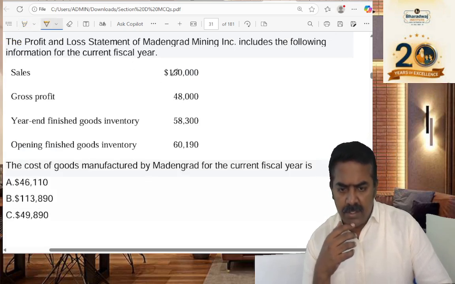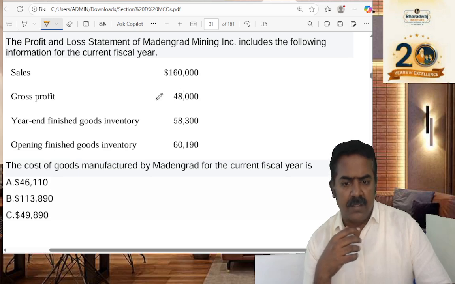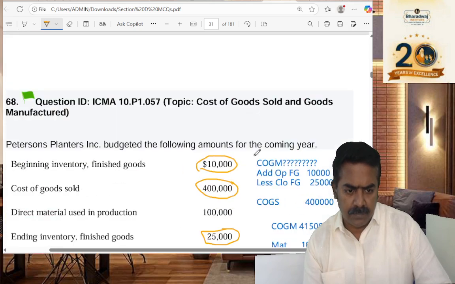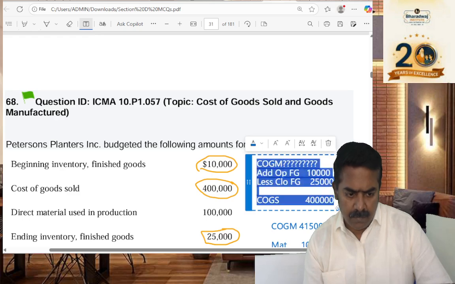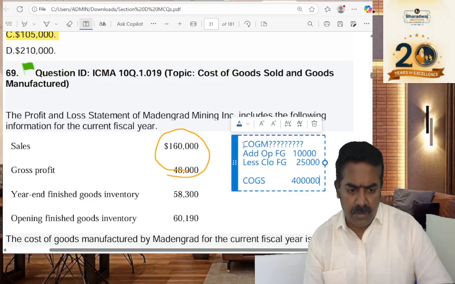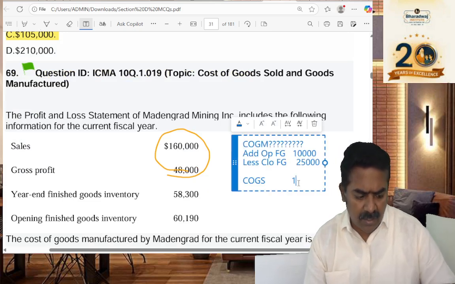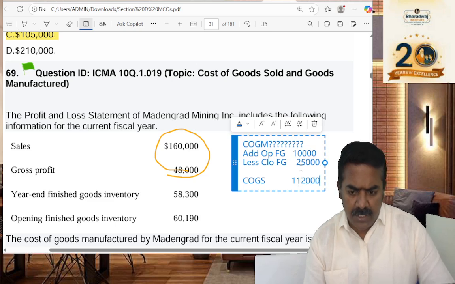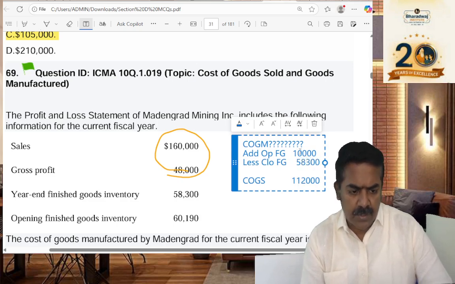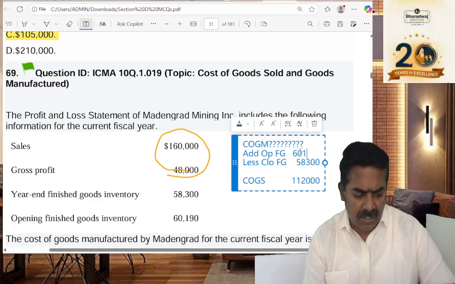Sales minus gross profit will give us cost of goods sold. What is cost of goods sold? 1,12,000. Closing finished goods 58,300 given. Opening finished goods 60,190 given.